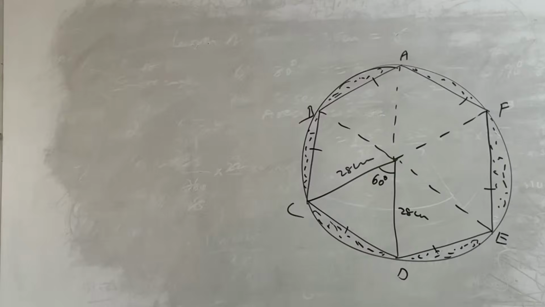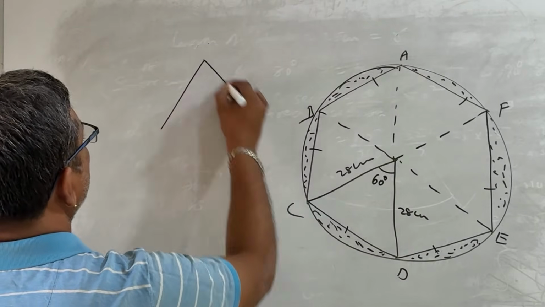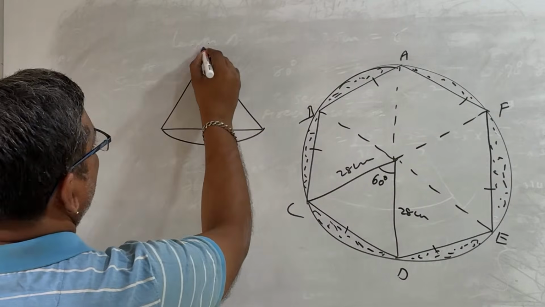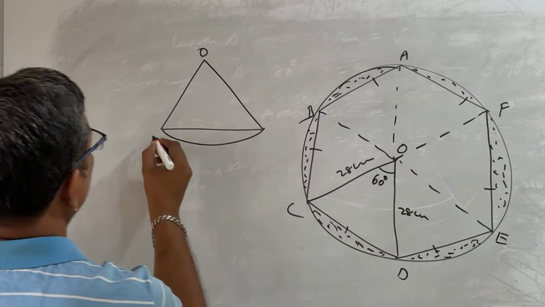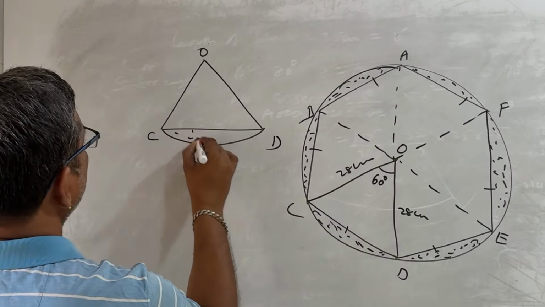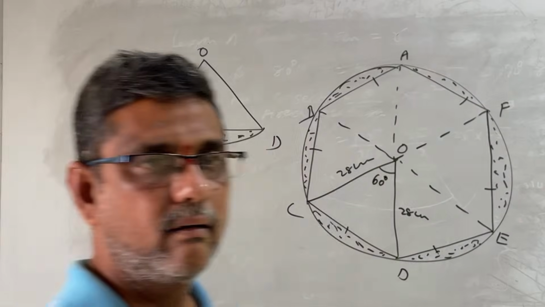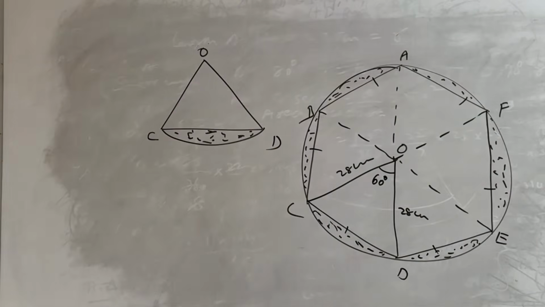If you observe the shaded part area, I am drawing it separately. One sector OCD, let it be, and we need to find out this area. What will it be? Yes, area of segment.